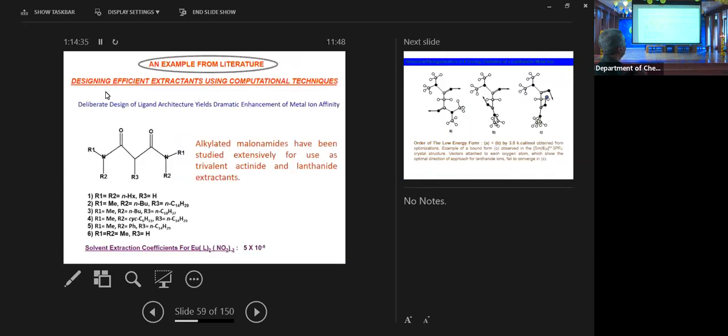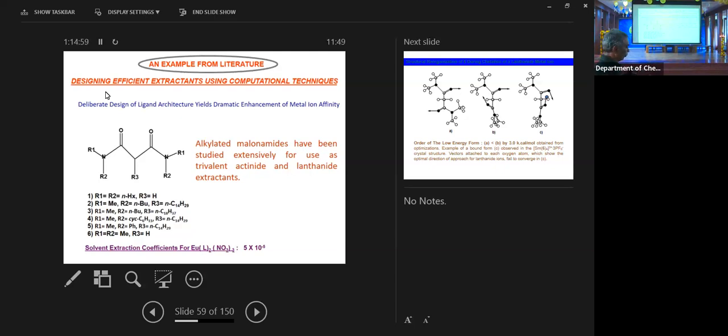Similar kind of thing here. This is another extractant which, for trivalent actinide and lanthanide extraction, picks up specifically those. What they found, the solvent extraction here is 5 × 10⁻⁵.